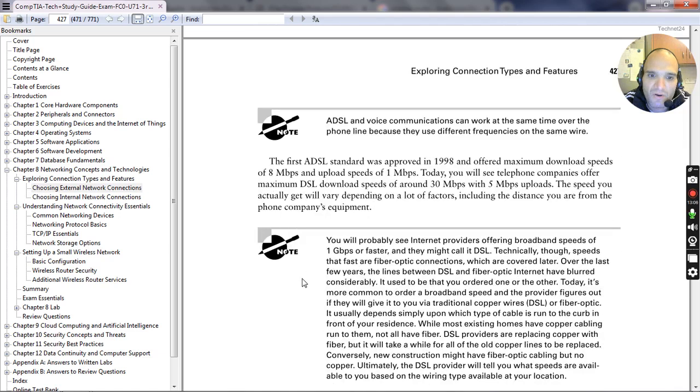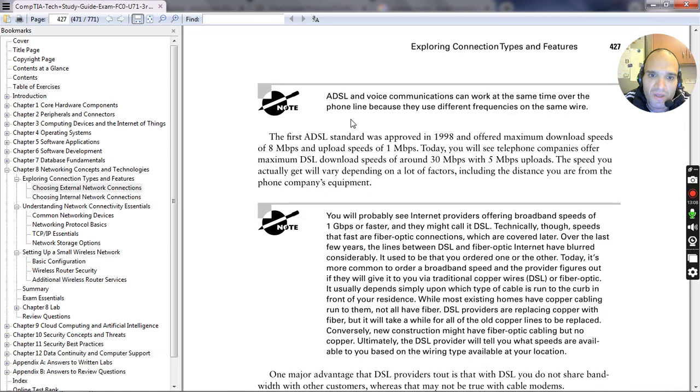And a note from the author of the book: ADSL and voice communications can work at the same time over the phone line because they use different frequencies on the same wire. The first ADSL standard was approved in 1998 and offered maximum download speeds of 8 megabps and upload speeds of 1 megabps.